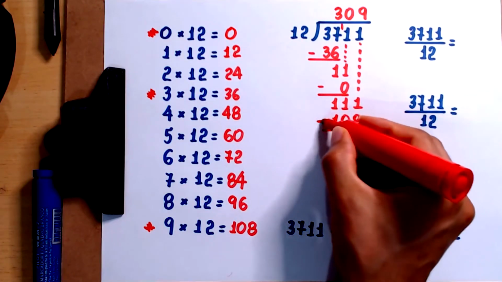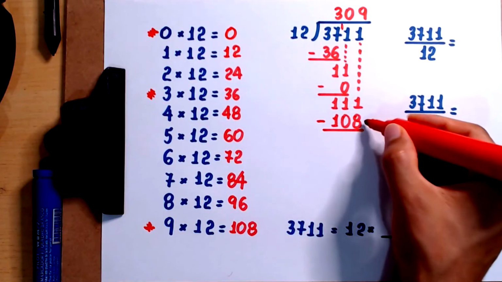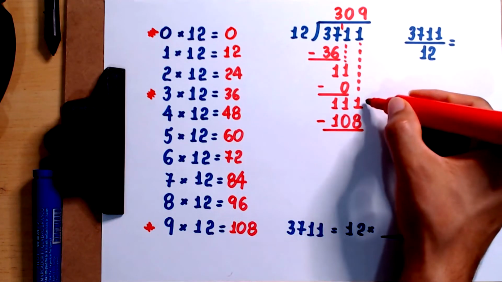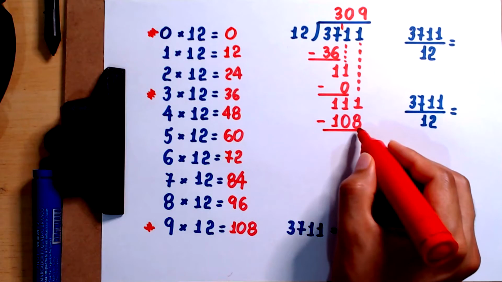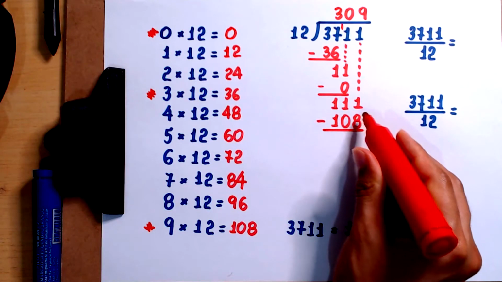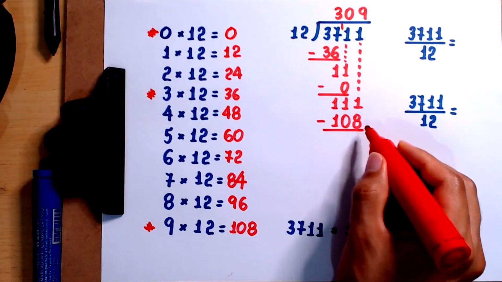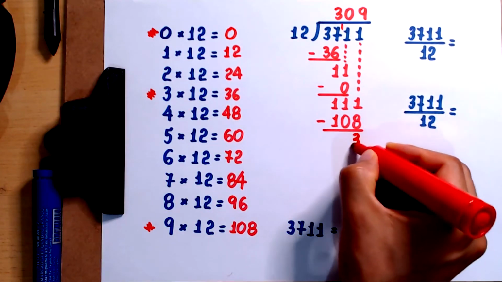I will find the result here by completing the small number until I reach the big number. What I mean is 108. To get to 110, I add 2, and from 110 to get to 111, I just add 1. So I add 2 and I add 1, that means I add 3.